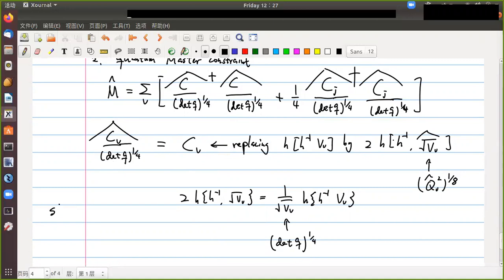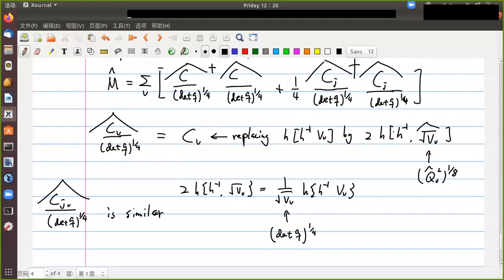Similarly, the other operator C_J is similar, and you just replace the volume by the square root of the volume.